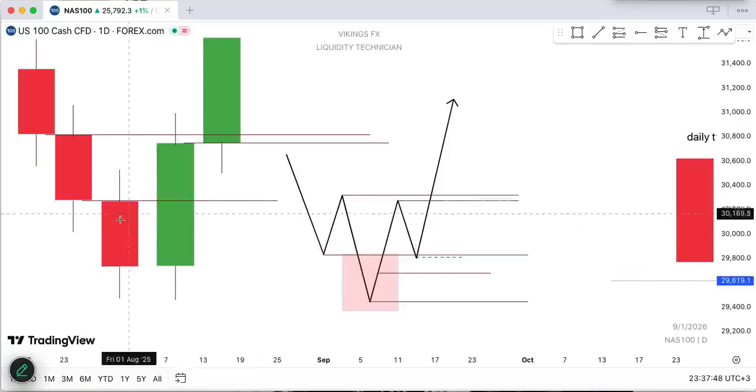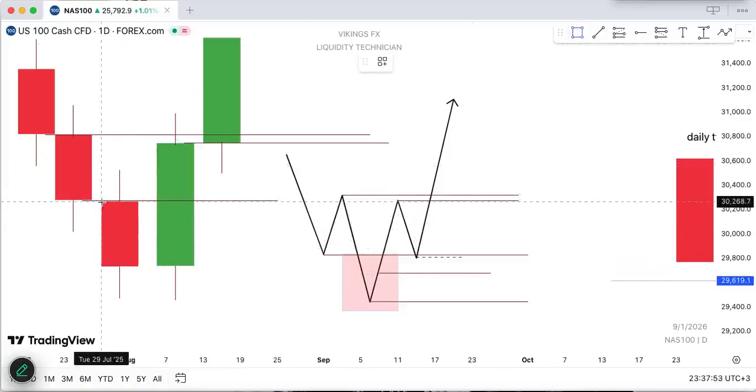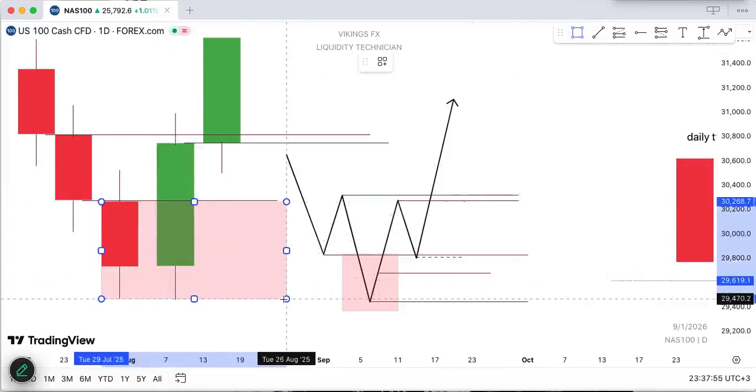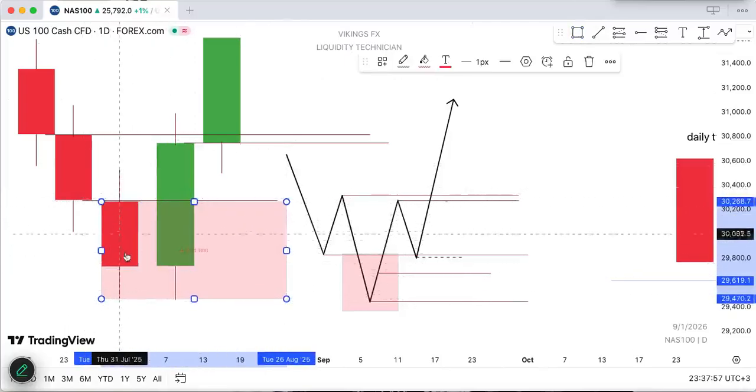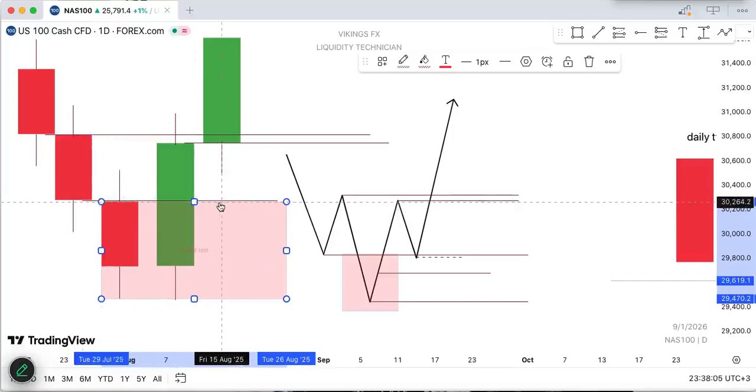So if you clearly look at this OCL, it is marking the edge of this order block here. You understand? So this is our order block, and this OCL is marking the edge of this order block. You understand? So this is the type of OCLs I'm talking about.